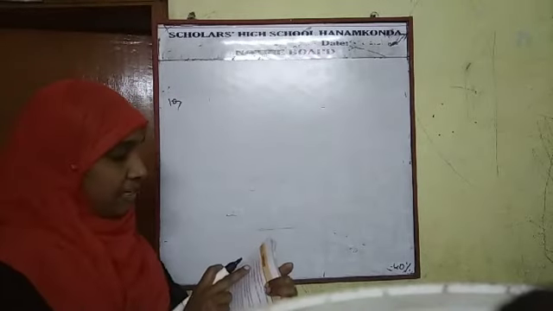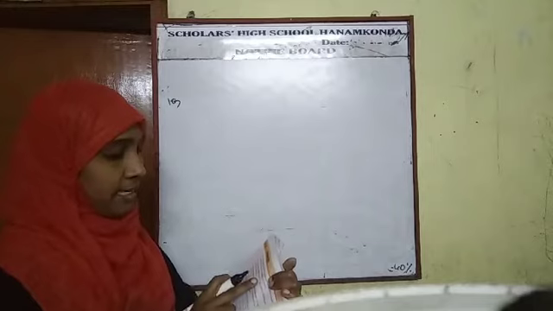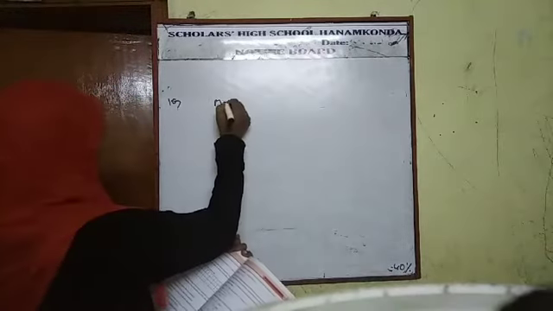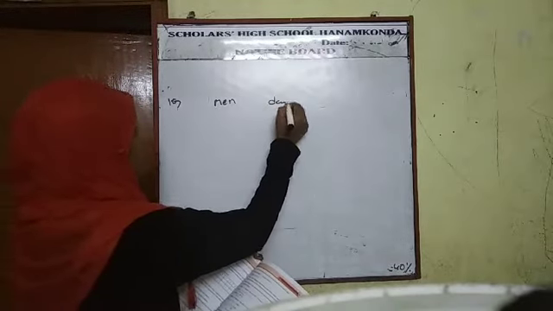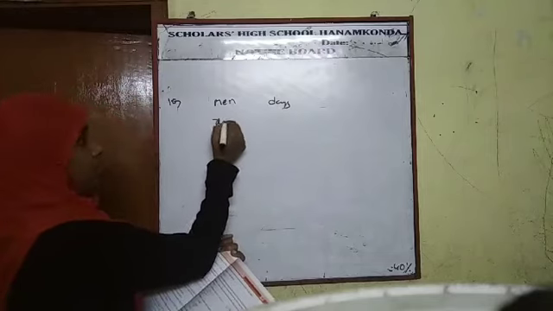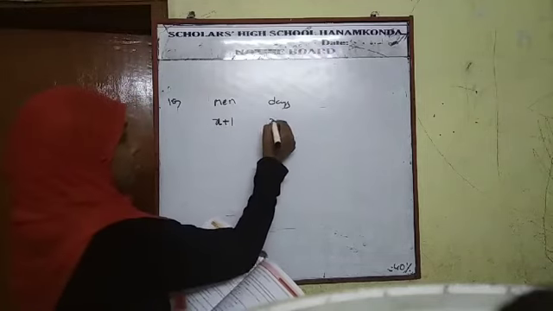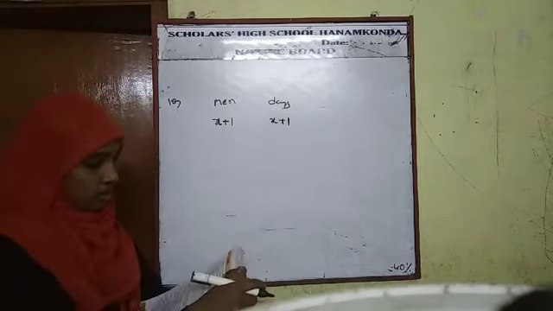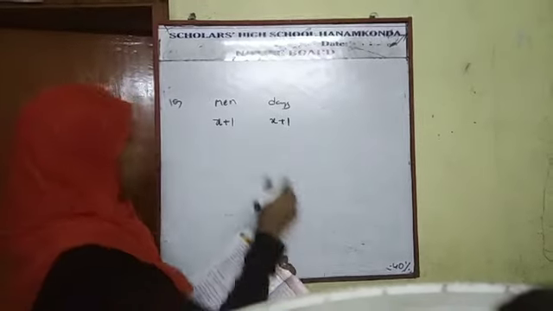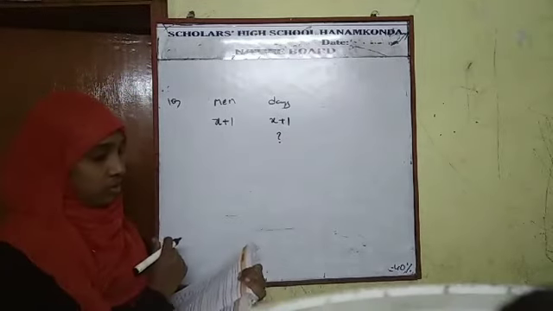See, 10th one. If x plus 1 men will do the work in x plus 1 days. Here men and days. Okay, see how many men are there? x plus 1 and days also x plus 1. You have to find the number of days, we don't know.